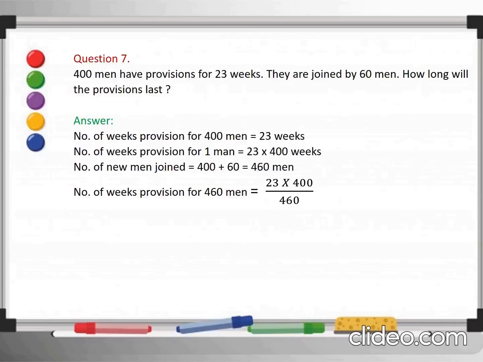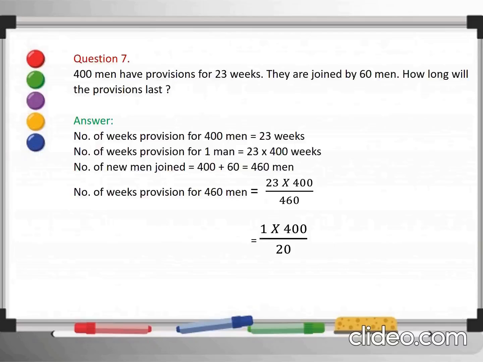Here we can divide 23 and 460 by the 23 table. 23 ones are 23, 23 20s are 460. So we'll get 1 into 400 upon 20. Again we can divide it by the 20 table.